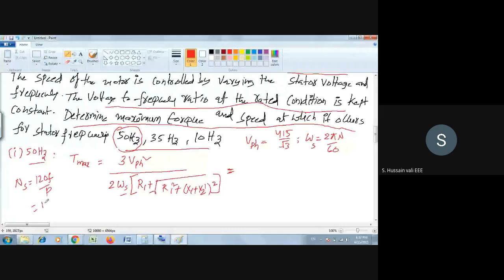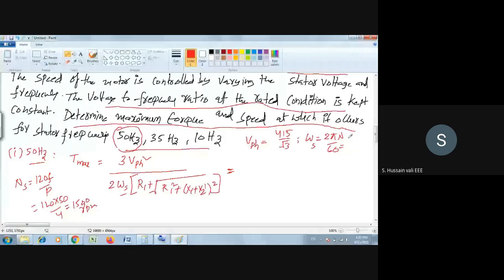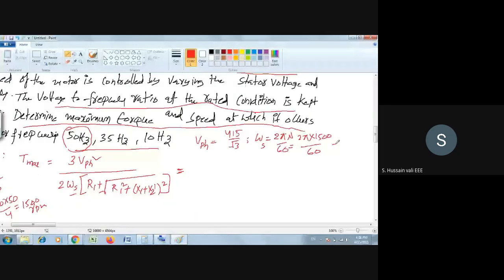What is the synchronous speed for 50 Hz? 120 f by P, so 120 into 50 by number of poles, which is 4 as he has given. That is 1500 RPM. Then what is omega s from this? 2 pi into 1500 by 60, so we get 157 radians per second. I'm directly writing the answer here.